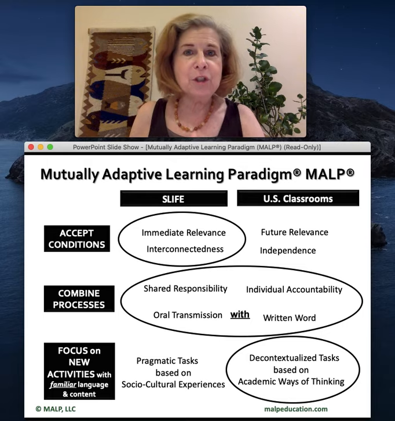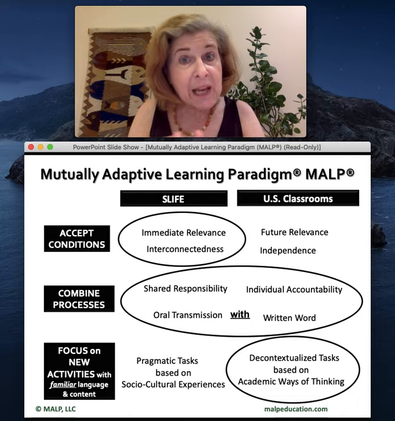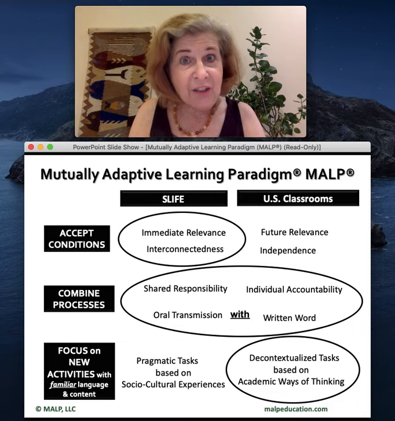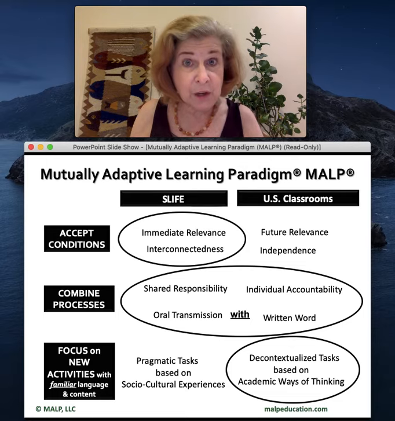So the mutually adaptive learning paradigm says, okay, let's blend. We'll both shift. As Darwin was pointing out, if we can all adapt to change, that's how we're all going to survive. All right? This will work. It has worked. It does work.